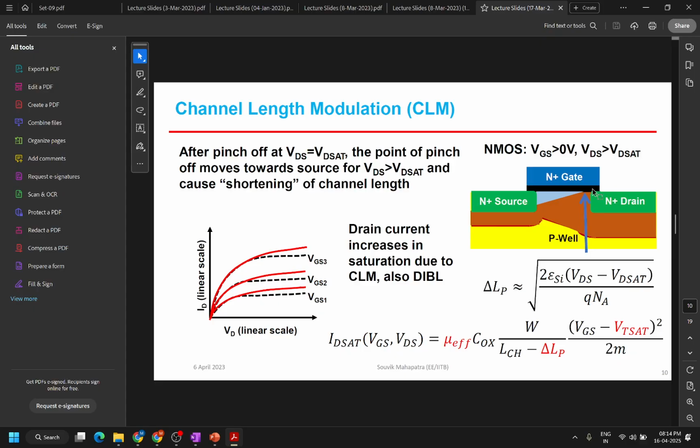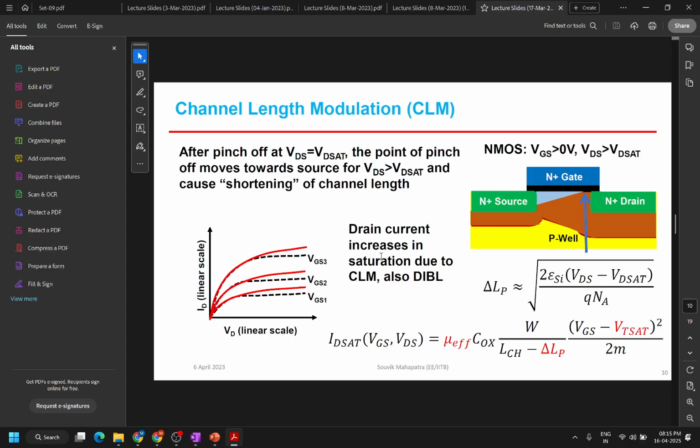This channel length modulation is there in long channel also, but it's ignored because your channel length is considered much higher. But for short channels, this channel modulation becomes a huge percentage. Like for long channel, if it was 1%, for short channel it becomes 10%. So 10% is a very huge value.